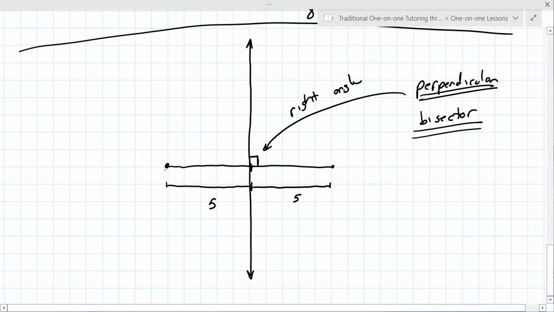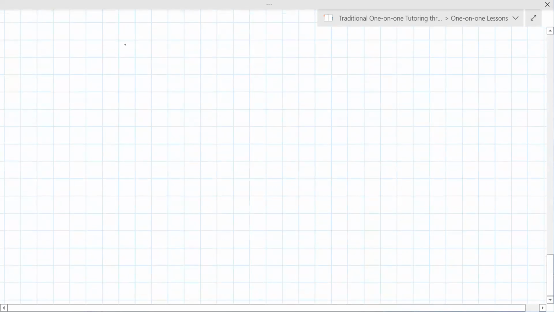Now we've drawn it horizontally, but we can also draw it vertically. So let's do that. So this is 8 units tall.